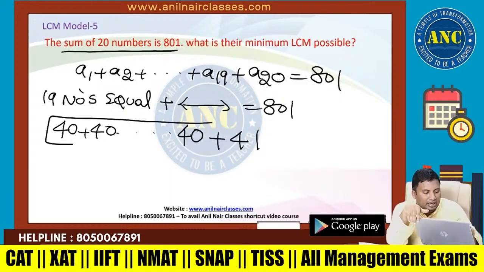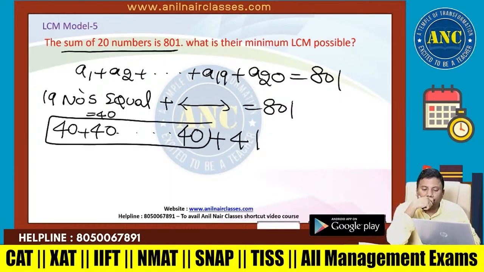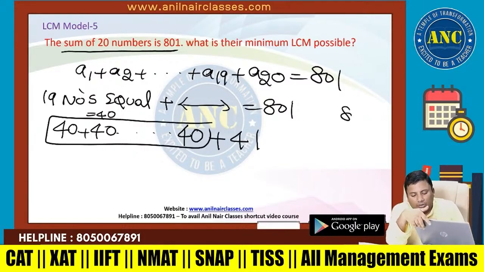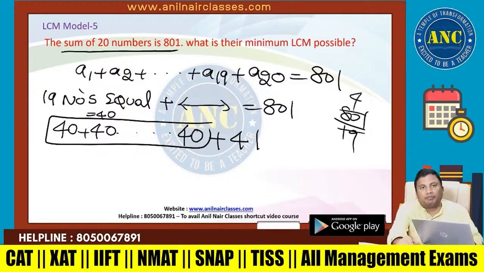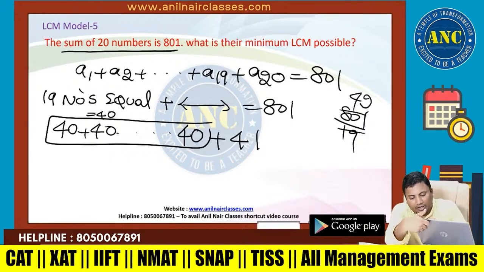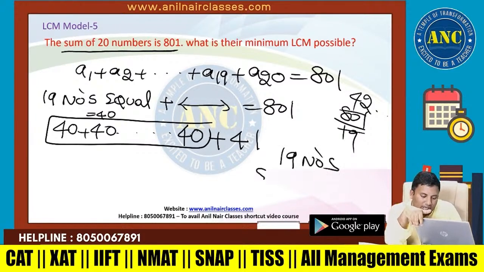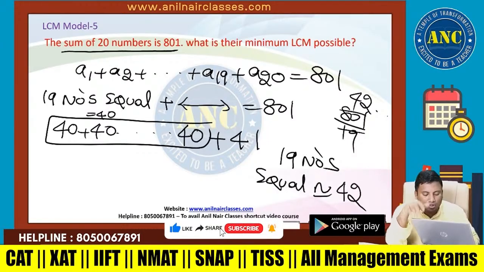19 numbers I am making equal to 40. Which number should I make equal? 801 divided by 19: 19 twos are 38, so 19 numbers equal should be around 42. I took 40.